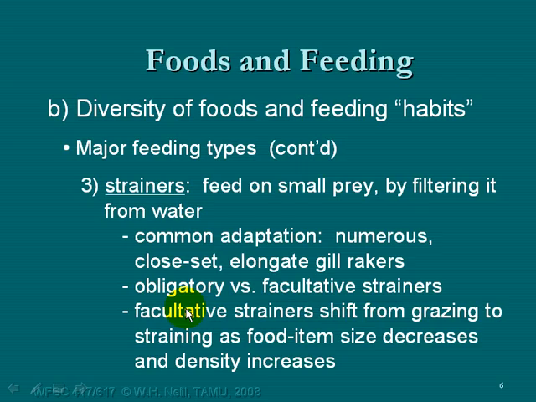So tunas turn into strainers when they're eating little stuff. And then as things get bigger and further apart, it becomes advantageous to go after and seize individual prey items and eat those. So facultative strainers tend to shift from grazing to straining as food item size gets smaller and smaller, and the density of the individual items goes up.